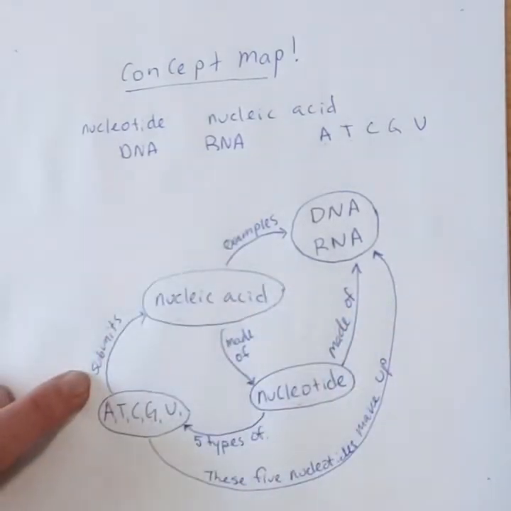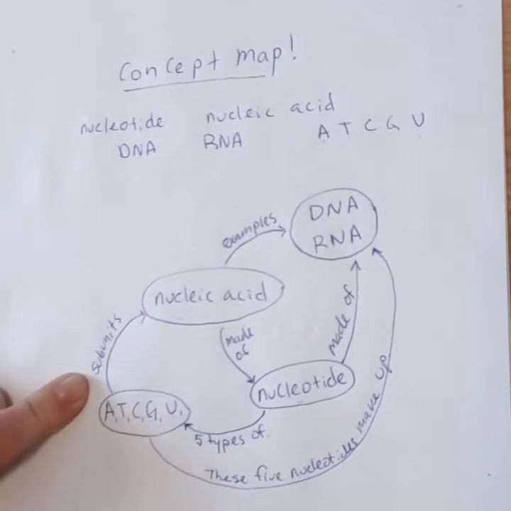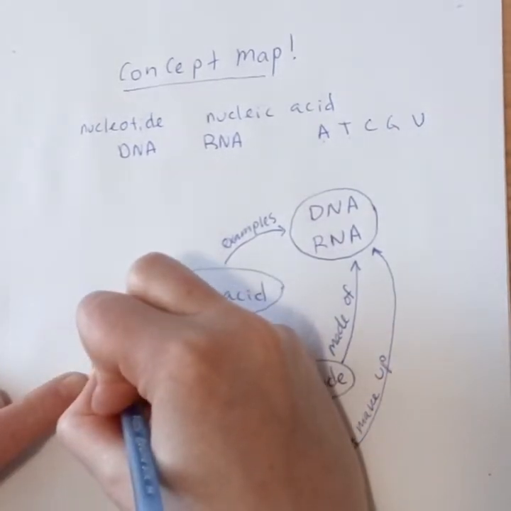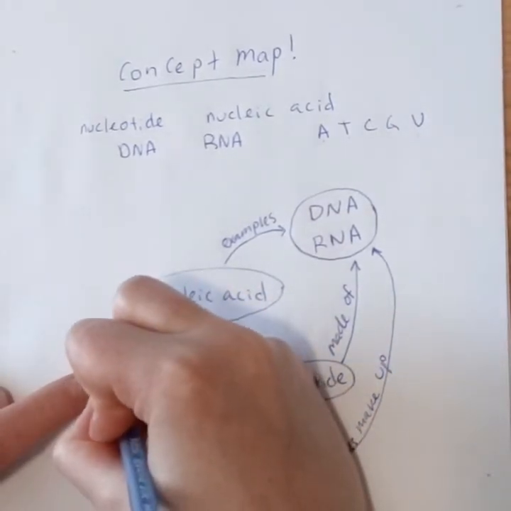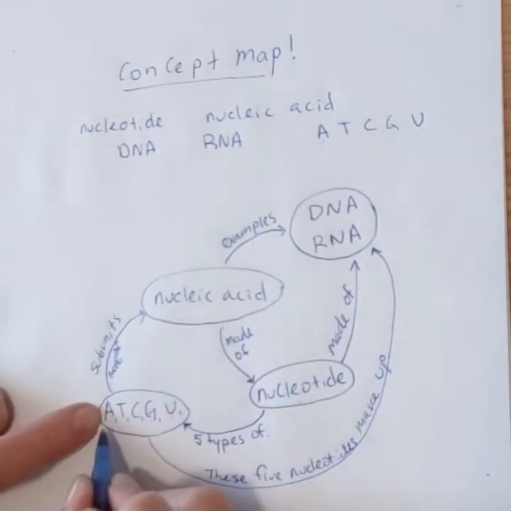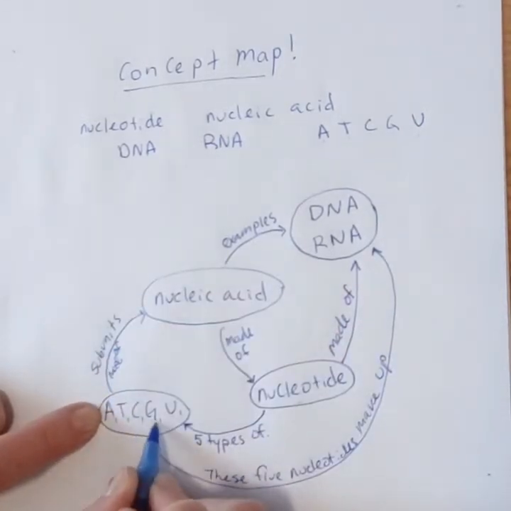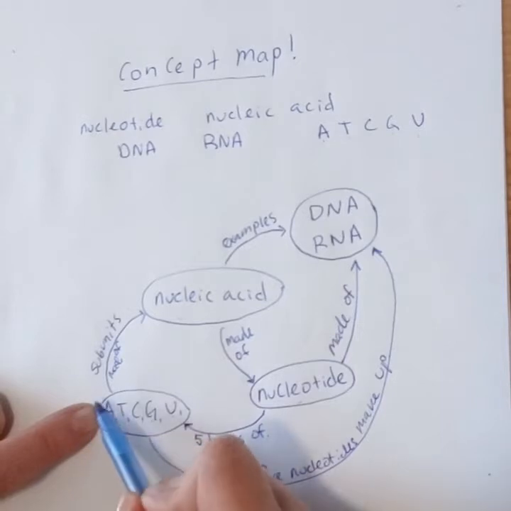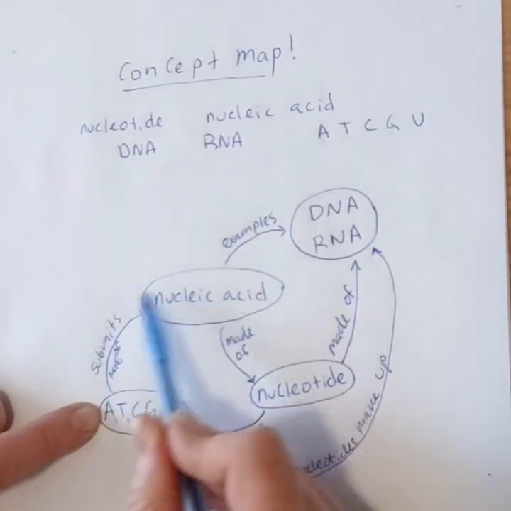Which when you hear subunit, just think like the smaller Lego that makes up your bigger Lego structure. So subunits made of adenine, cytosine, guanine, and uracil. Those are the components that make up nucleic acids.